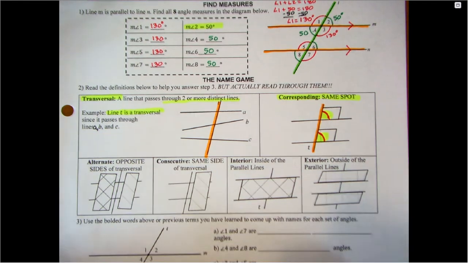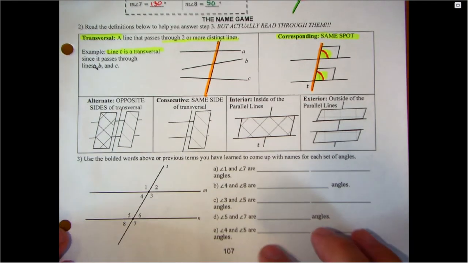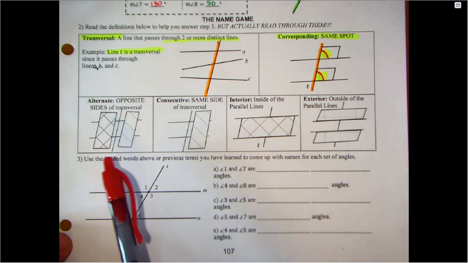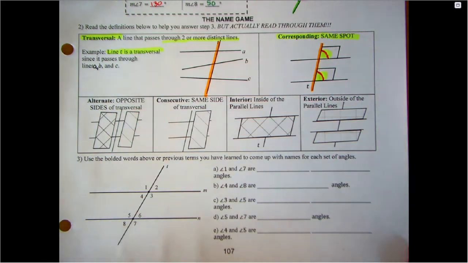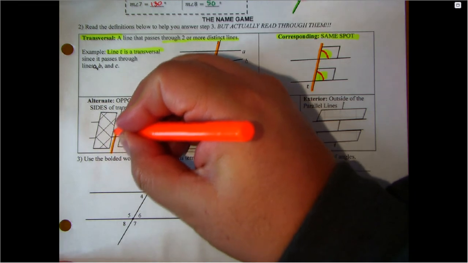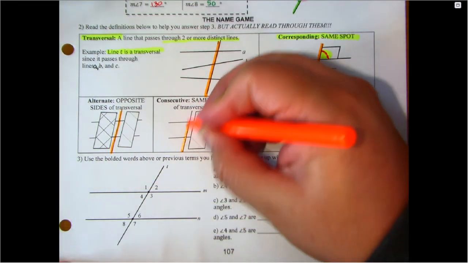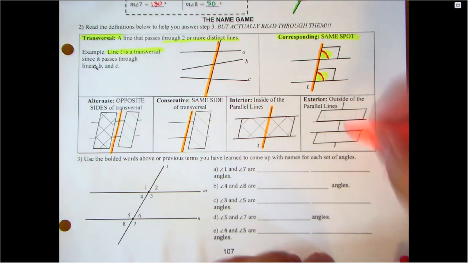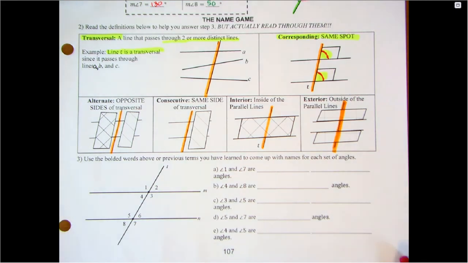But there's more. Now, alternate. When you have alternates, we have opposite sides of a transversal. And so in this case, here's that transversal again. In fact, I'm going to take a moment and highlight the transversal for all of these. So the transversal's right there, right here as well. So there's the transversal. We use the same color for all of them there.